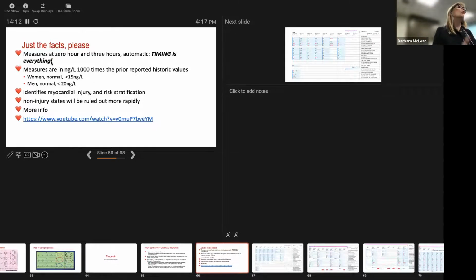What you used to look at with regular troponin was nanograms per milliliter, so the resulting level was 0.04. At 0.04, your patient may actually have significant myocardial injury, but you can't see it because of the troponin assay you're using. So we use high sensitivity troponin. It's just a different dilutional quality, and that is 1,000 times your old troponin.